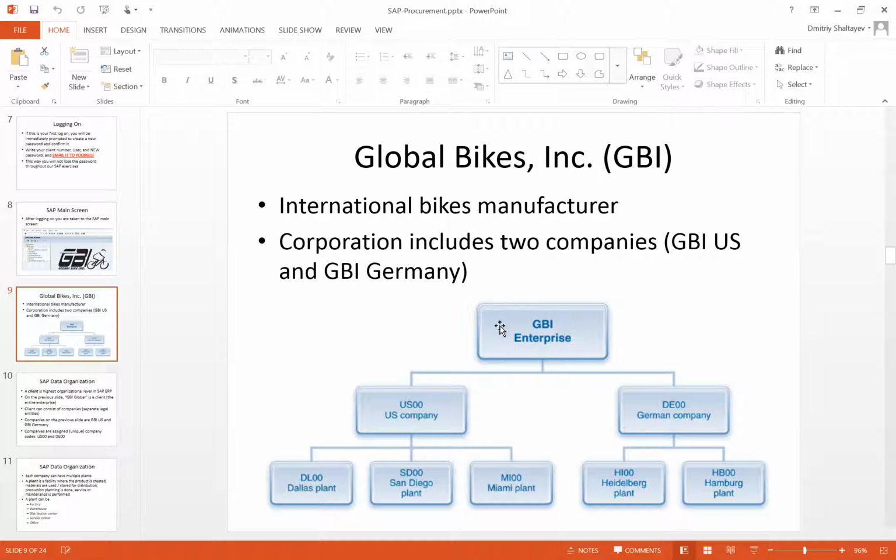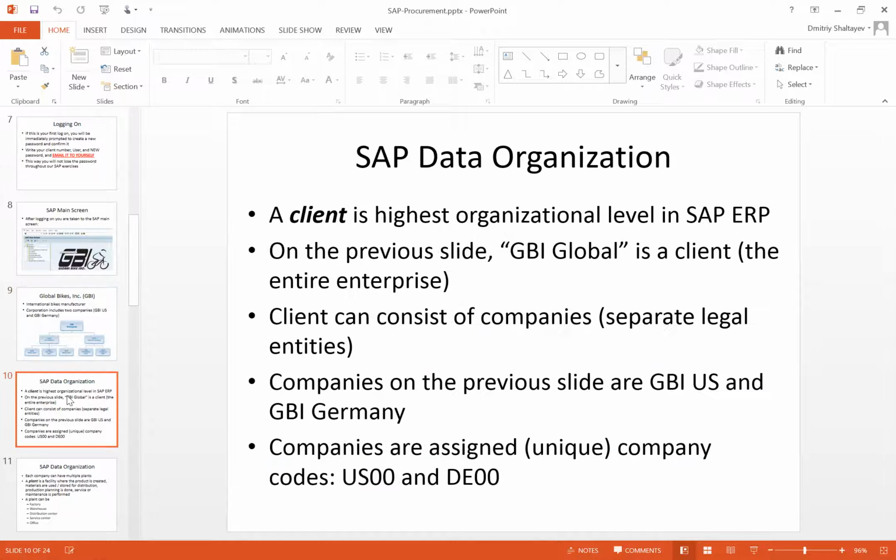So they formed an overall global enterprise, Global Bikes Incorporated, which is a mother holding, and the mother holding has two subdivisions working in the United States and also in Europe. So from the SAP standpoint, this is one installation, and GBI Enterprise, the holding company, is the client. So that's basically what client is.